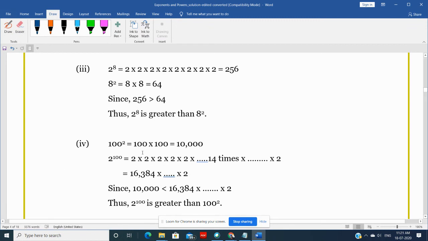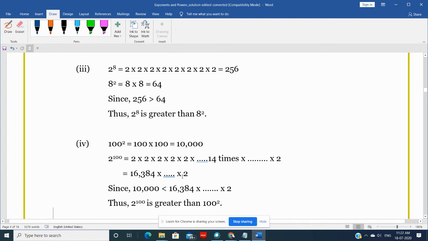No. So, what we have to do is, we'll multiply 2 till we get a value which is bigger than 10,000. Alright? So, if you keep on multiplying 2 fourteen times, the answer you will get is bigger than 10,000.